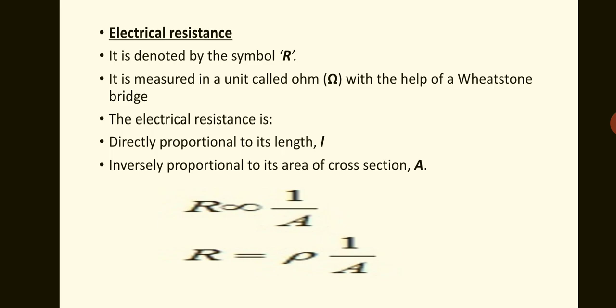In this video we'll see about electrical resistance. So what is electrical resistance? It is obstruction in the flow of current caused by the metallic wire or electrolytic solution which is present in a container or in a cell.